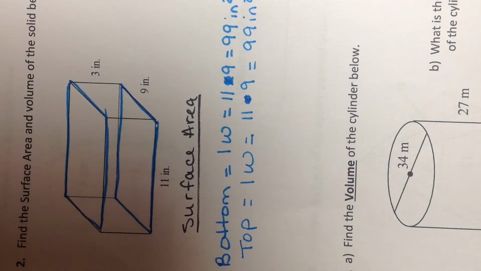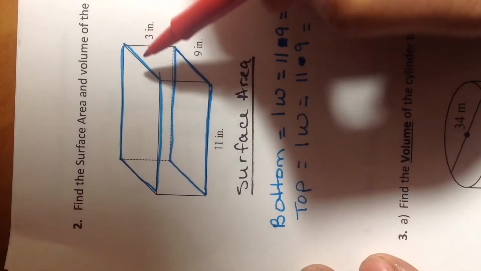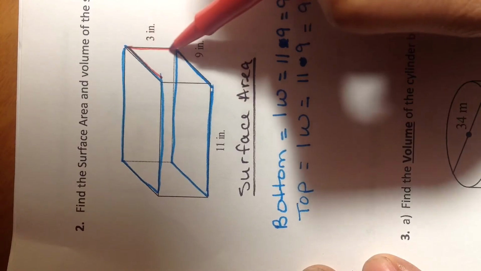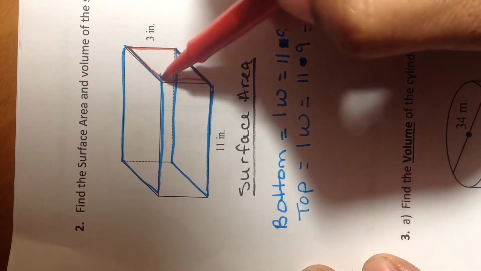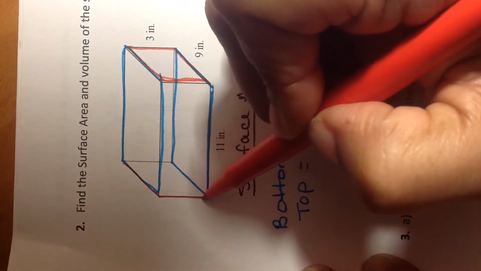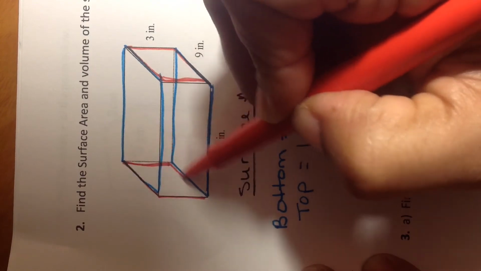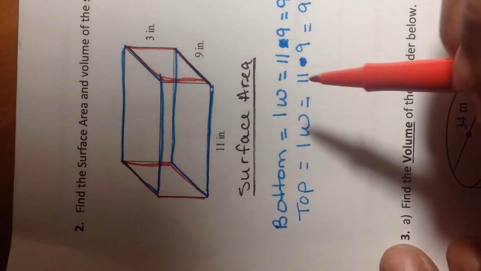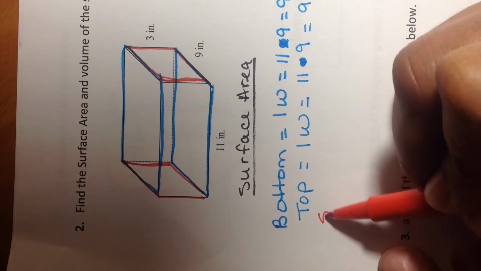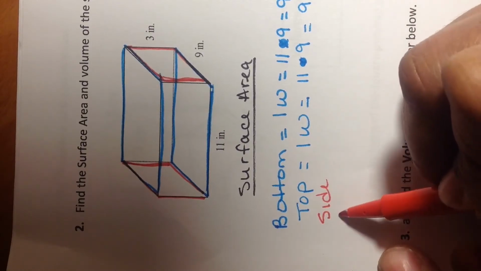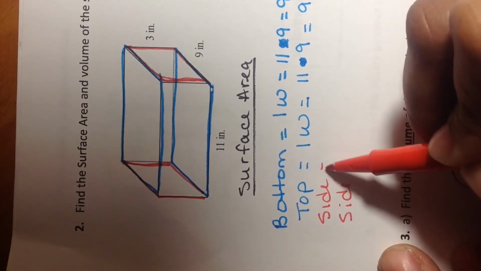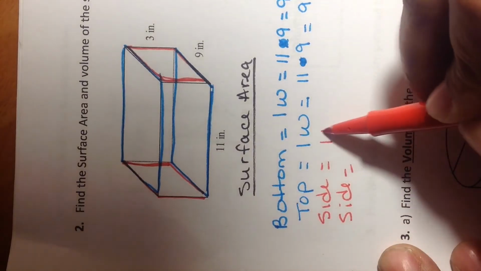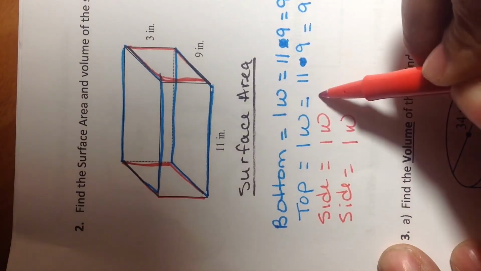Now if you notice here, I've got a side here, and I'm just going to highlight this one red. So I've got this side, and I've got a side that's identical to that one there. So I'm just going to call that my sides. I know that I've got two of the same sides. They're rectangles, so it's length times width.